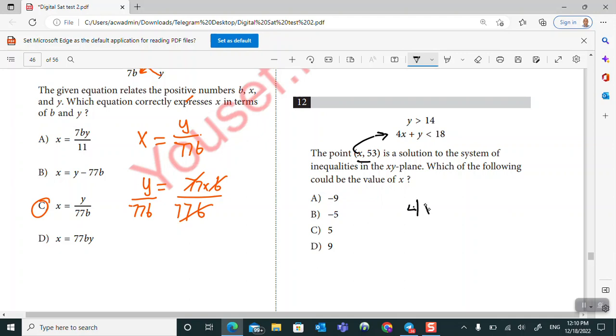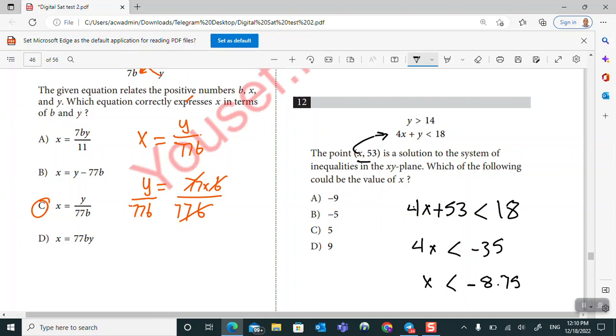So for x plus 53 is less than 18, isolate for x: x is less than negative 35. X is supposed to be less than negative 8.75. So which of the following could be the value of x? For which value of x will it be less than negative 8.75?